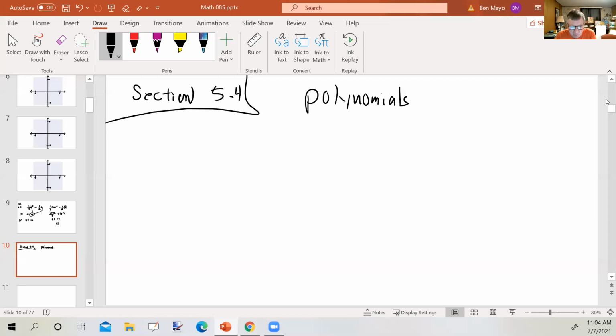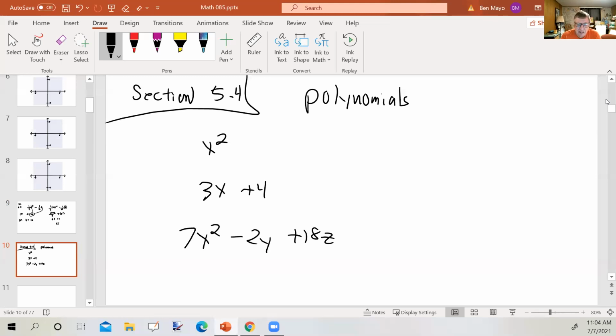It has at least one variable involved. For instance, x squared is considered a polynomial. 3x plus 4 is considered a polynomial. 7x squared minus 2y plus 18z is considered a polynomial.